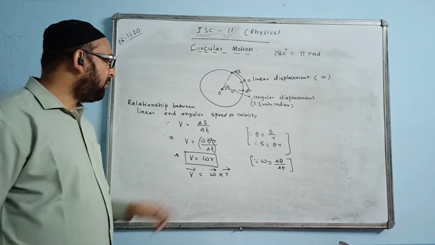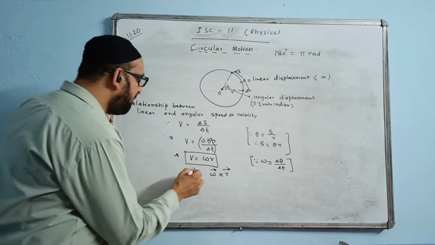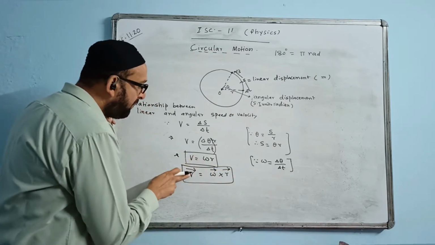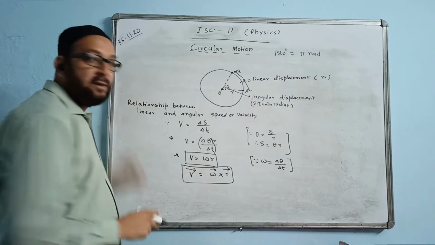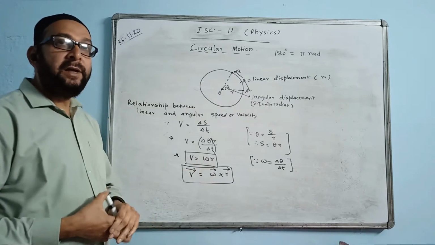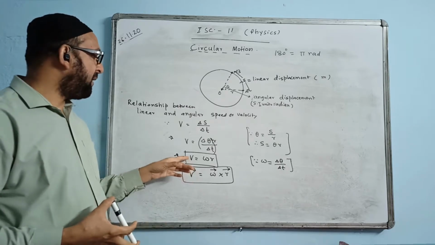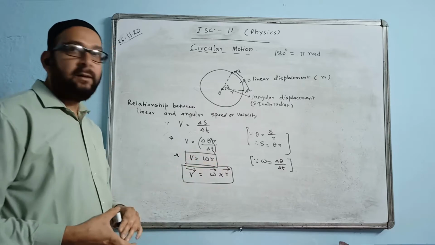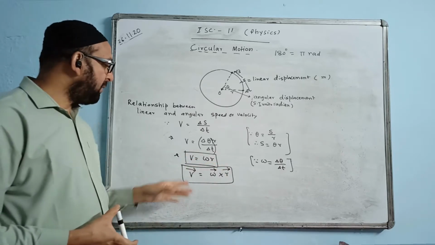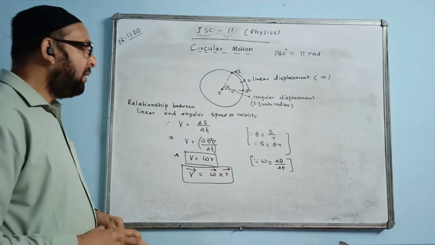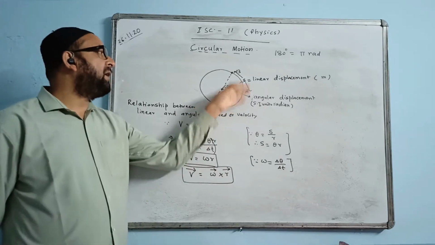So if they ask to state the relationship between linear velocity and angular velocity, we write like this. If they ask for the relationship between linear speed and angular speed, we write v equal to r omega. Speed wise we write without arrow, but where velocity is concerned, we write v equal to omega cross r.